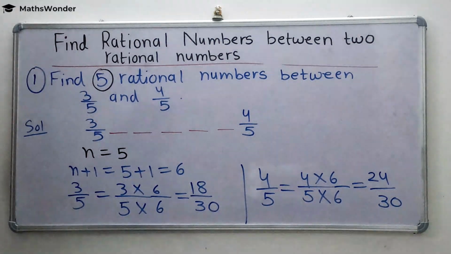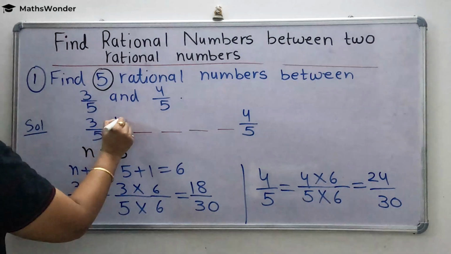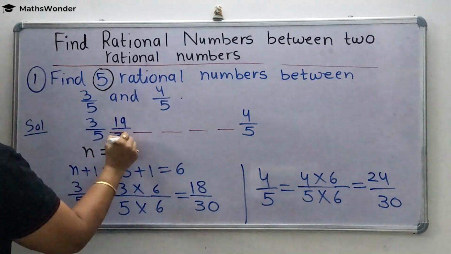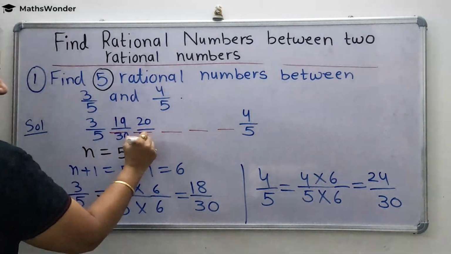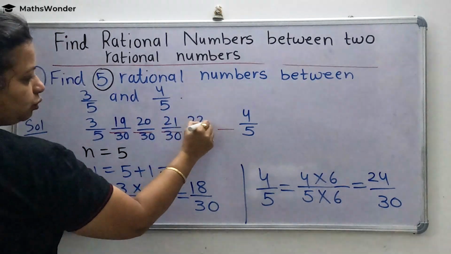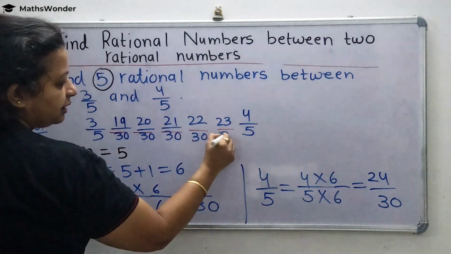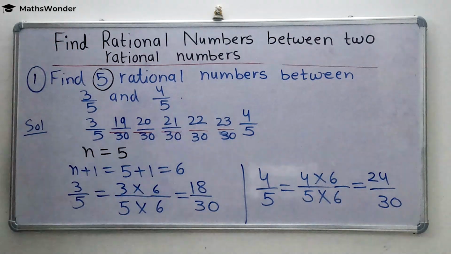If the denominator is the same, then you can easily find the rational numbers. So after 18, which number will come? 19 over 30, 20 over 30, 21 over 30, 22 over 30 and 23 over 30. Now we found 5 rational numbers between 3 over 5 and 4 over 5. Exactly 5 rational numbers, right?